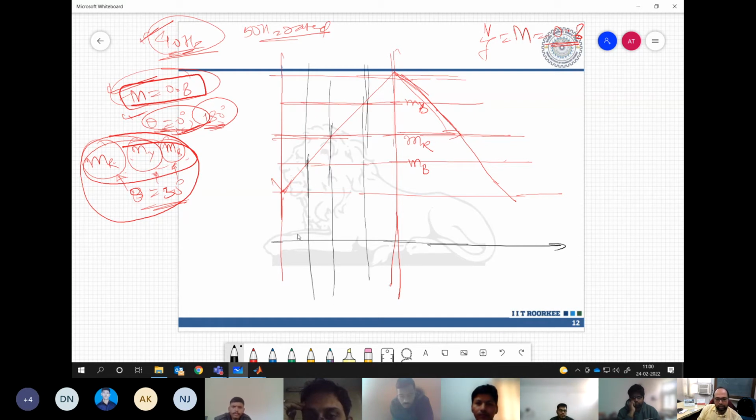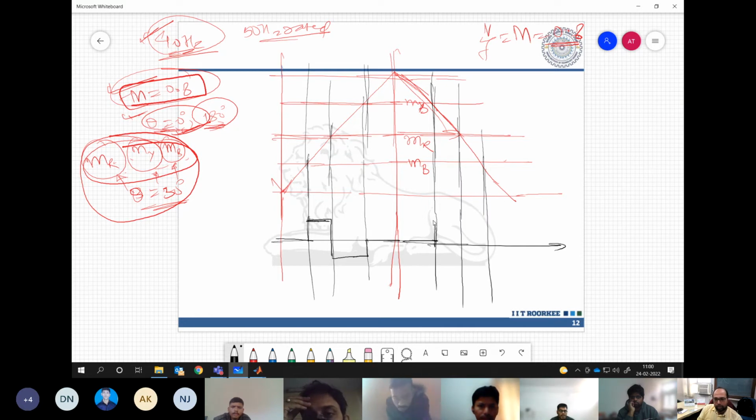Correct? So it will be 0, then plus VDC by 3 and then going minus VDC by 3 and then it is going to 0. And here the scenario will be inverted. The value will be inverted. It will first go to minus VDC by 3 here. Sorry. Yes, it will remain minus VDC by 3 and then plus VDC by 3 and then coming to 0 up to this.